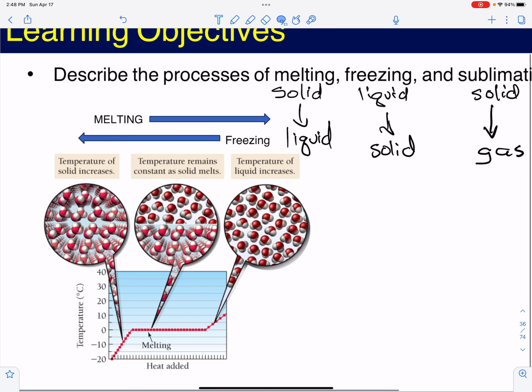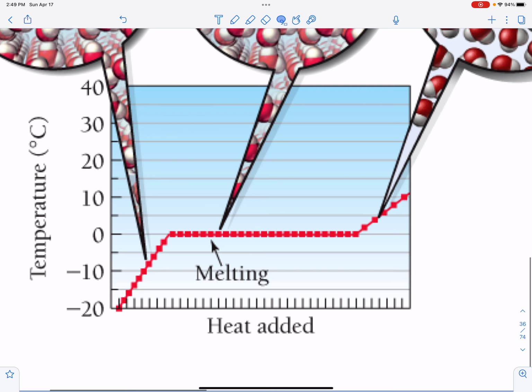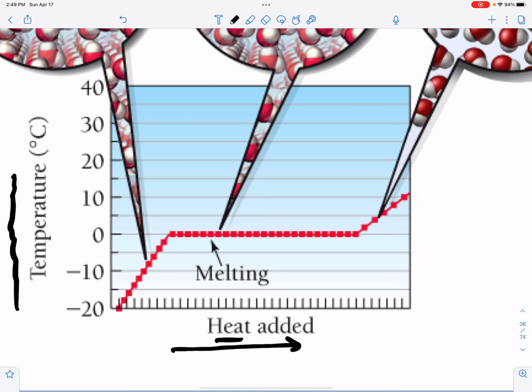What this graph is showing us is that as we add heat, we're also tracking the rise in temperature. As we are adding heat, we can see that the temperature begins to increase. That's when the ice is warming up.